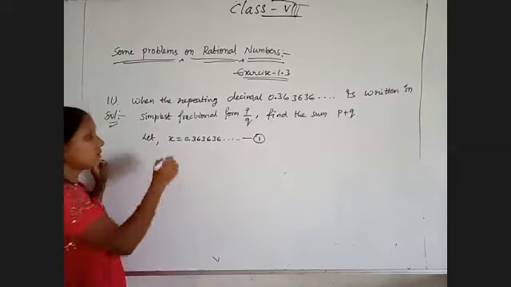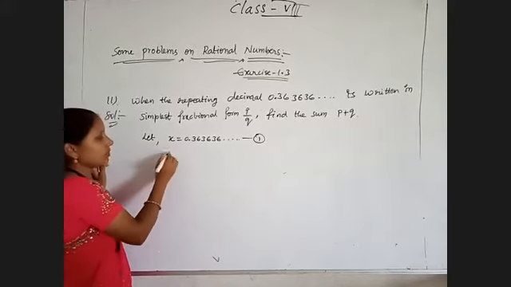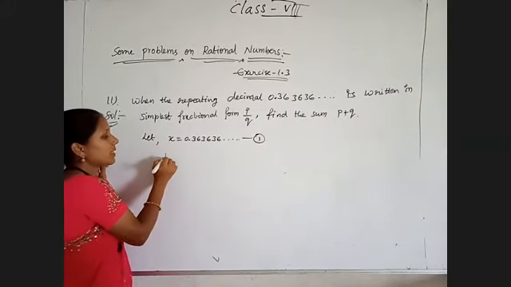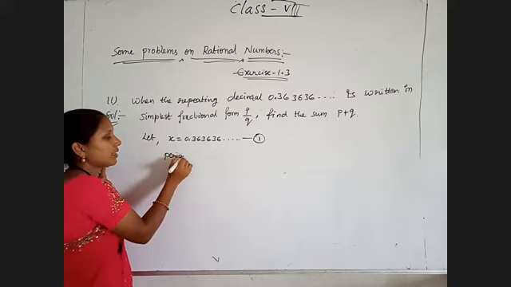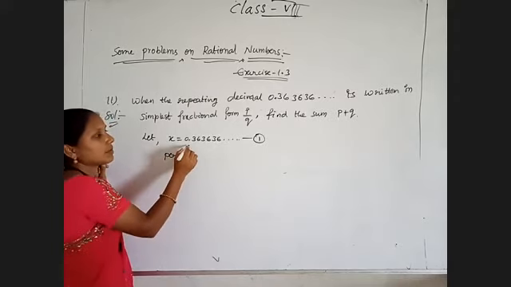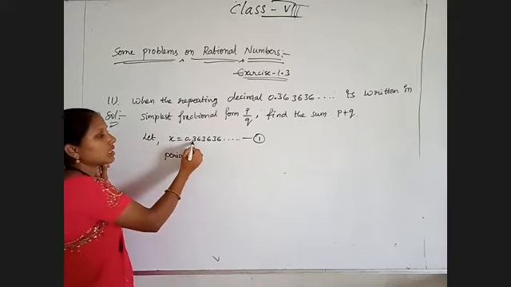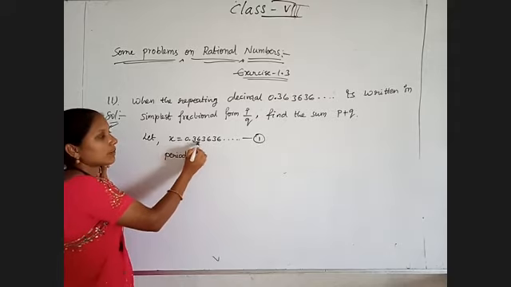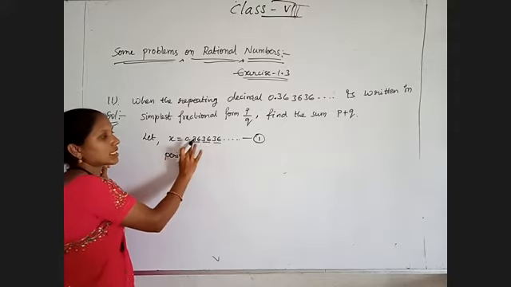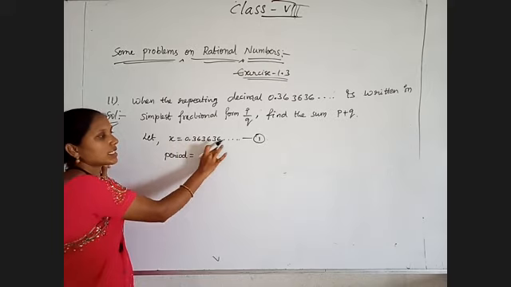Now, what is the period and periodicity of this number? We will find. The period is the numbers which are repeating: 3 and 6, that complete number 36, 36, 36, like that it is repeated. Period is equal to 36. And the periodicity, the number of digits, is 2.